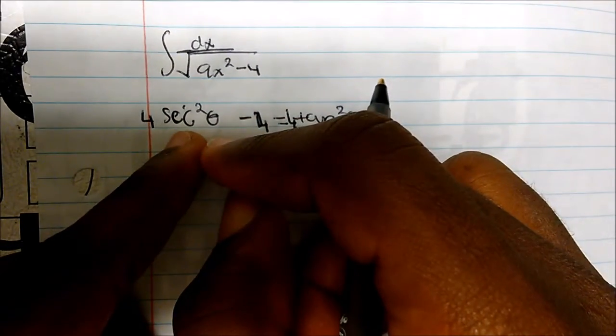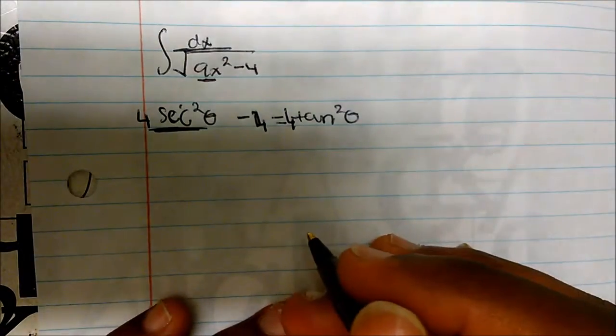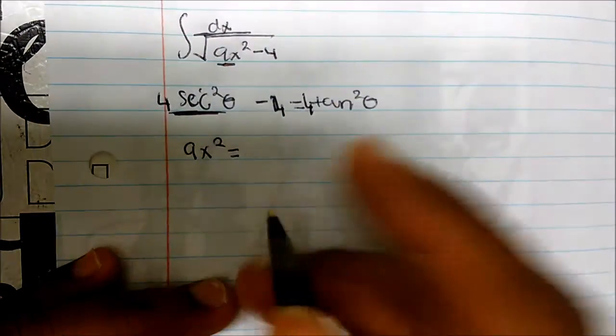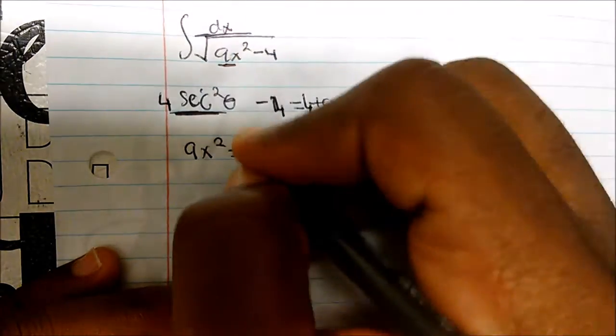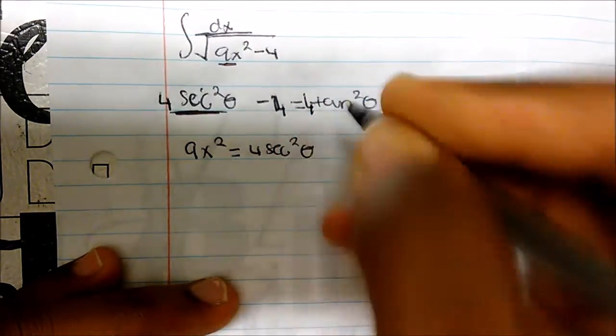And so when I look at this, what maps to x squared? Remember, it's secant squared, okay? So this whole term now will map to my 9x squared. I'm going to set them equal to each other. So 9x squared becomes equal to 4 secant squared of theta.